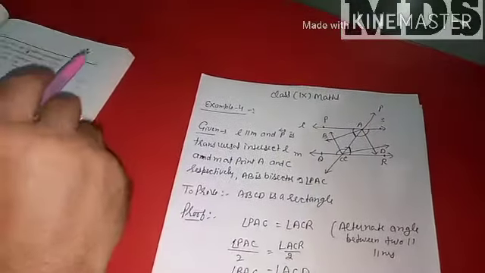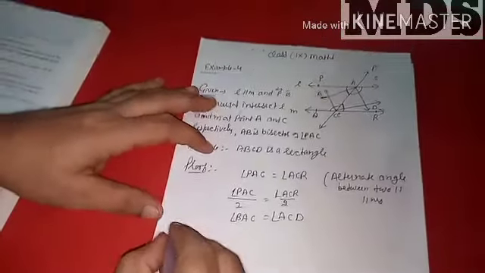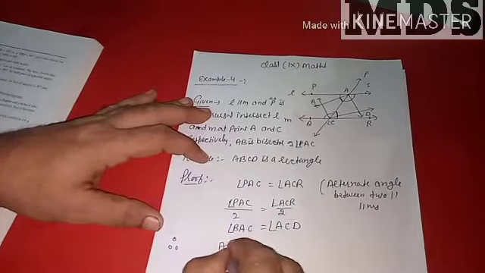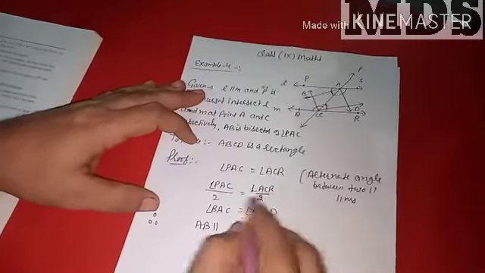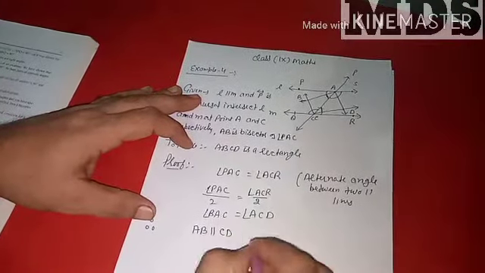So what can you say about this? Therefore AB is parallel to CD. Why?